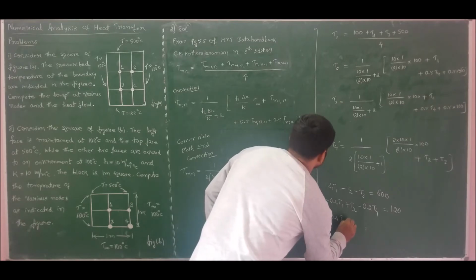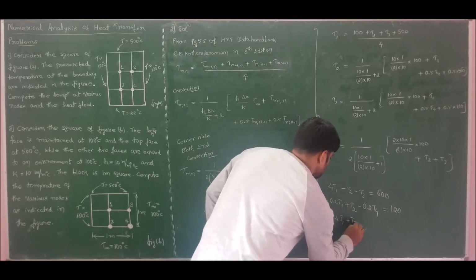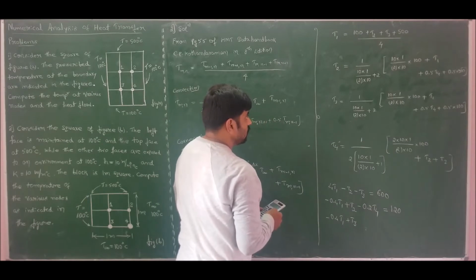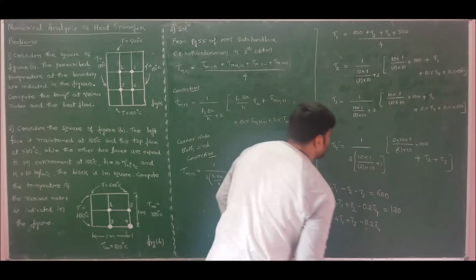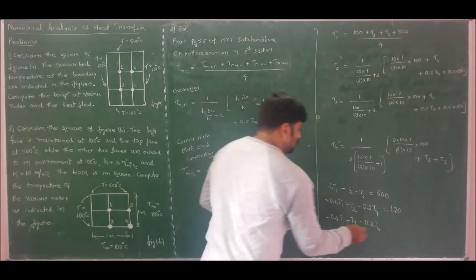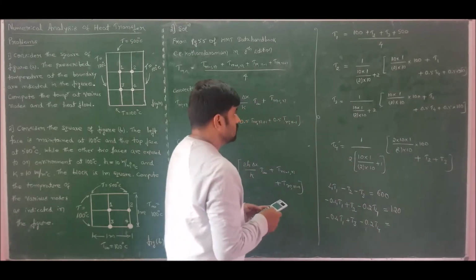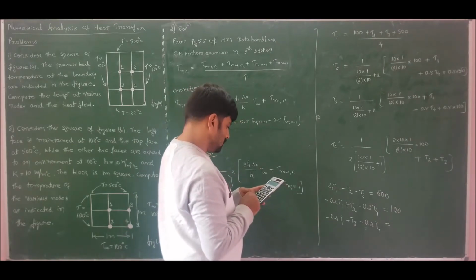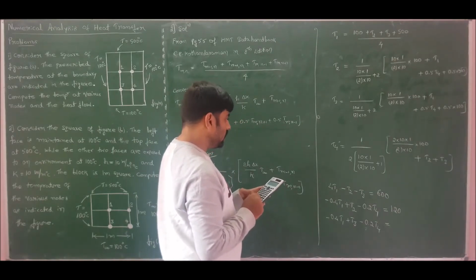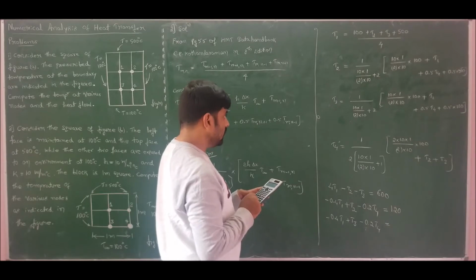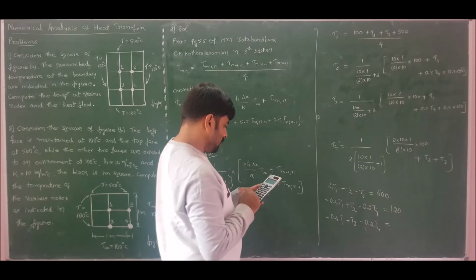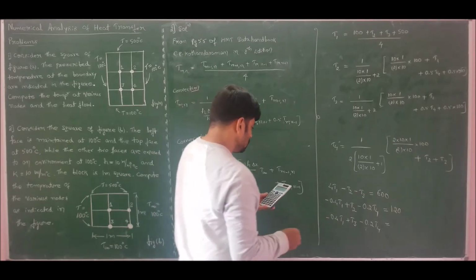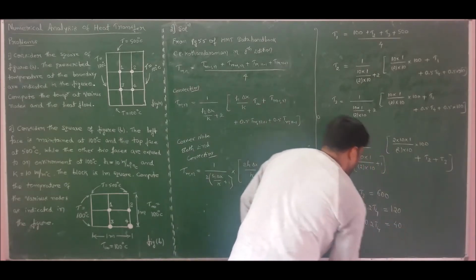We don't have T2, we have T3 plus T3, T4 remains the same, minus 0.2 T4, which is equal to 0.4 times 0.5 into 100, which is 20, plus 0.4 into 0.5 into 100. So I will get the answer as 40.